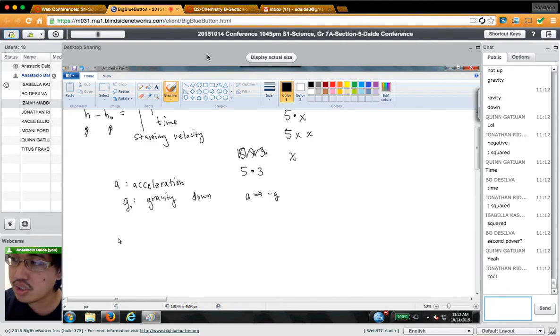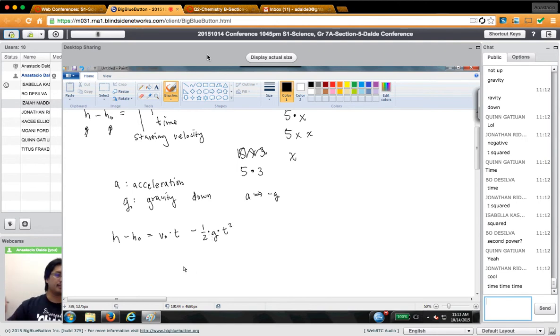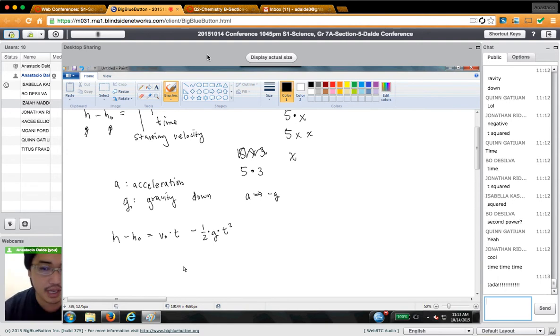It's h minus h naught equals v naught times t minus 1/2 g t squared. This is the equation that we are going to be using. And I went through painstakingly every single piece of this equation, so it shouldn't be a nightmare for you folks to use. Fair enough?